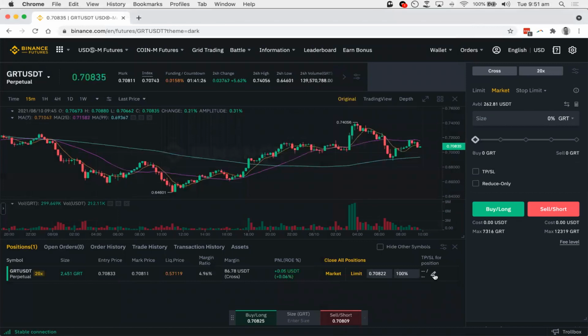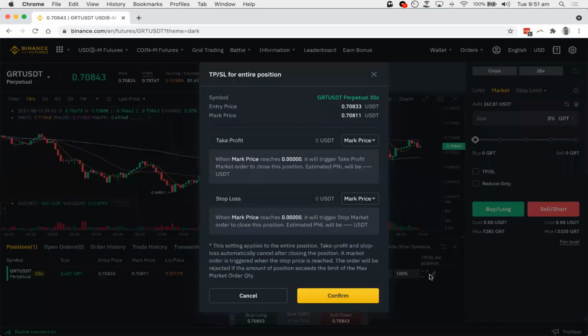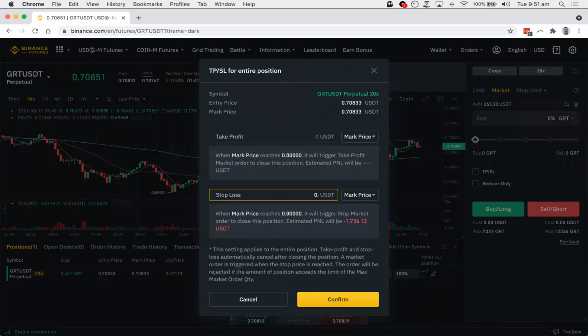So we can go here and set the stop loss for 0.685. This will tell you that when the mark price reaches 0.685, it will trigger a stop loss. The position will be closed and your profit and loss will be $57.18. So I'm going to confirm.